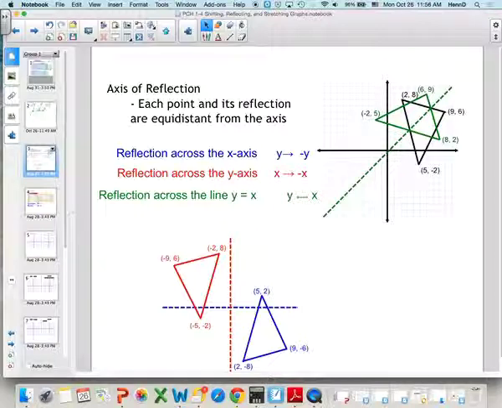So instead of 9, 6, it's 6, 9. Instead of 2, 8, it's 8, 2. Instead of 5, negative 2, it's negative 2, 5. Okay, so you have all of those switched. That's what makes it a reflection across the line y equals x.